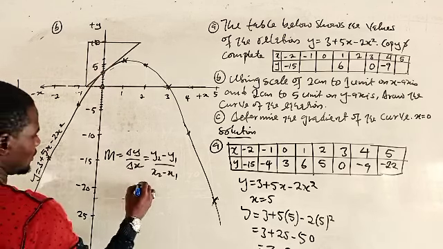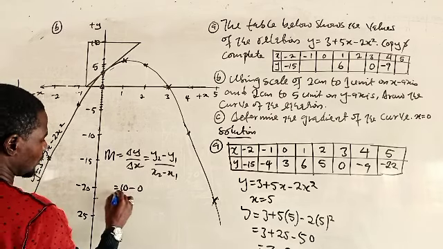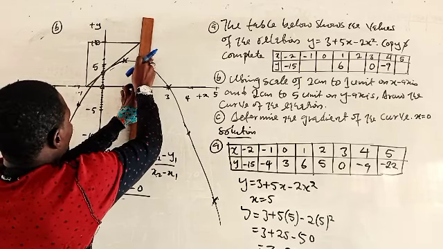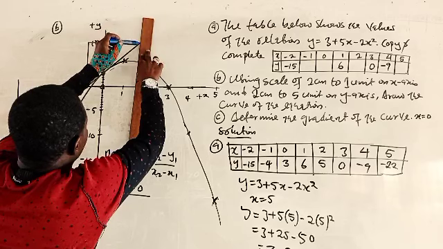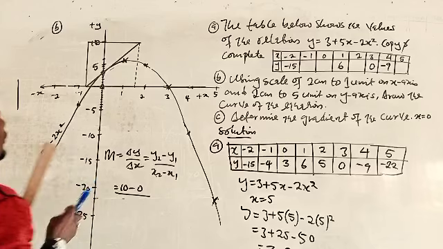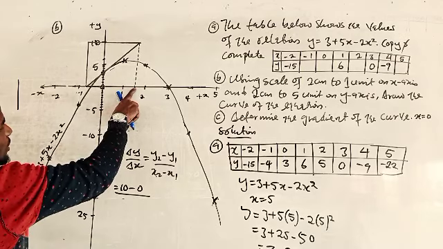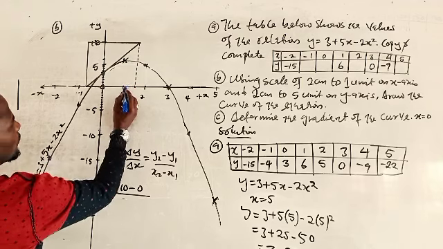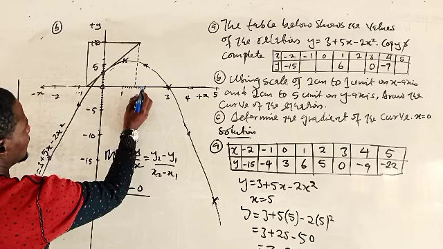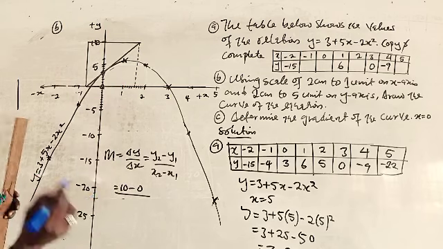My y2 is 10. This is the same thing as 10 minus 0, so we have 10 minus 0 all over my x2. My x2 is the point around here, where the triangle stopped, towards here. Now this is my x2, which is, I think, 1.5. If you count from here, 1, 2, 3, 4, 5, 6, 7, 8, 9, 10, so if from here to here is 1, then 1 divided by 10 is 0.1.